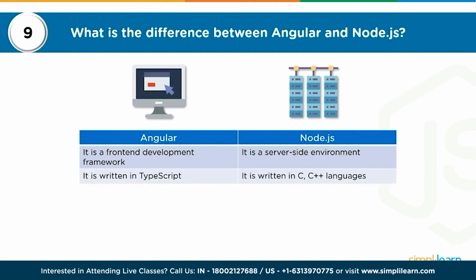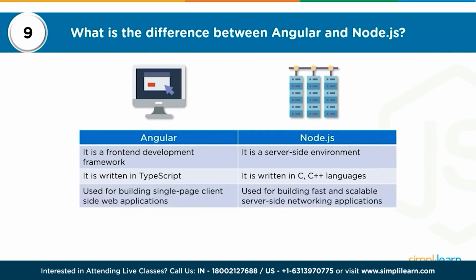Other differences between the actual frameworks themselves is that Angular is written in TypeScript, which is a modification of JavaScript. Node.js is written in C and C++. Angular is used for building out single-page client-side web applications. And the key word there is client-side, whereas Node.js is about building out fast and scalable server-side network applications.